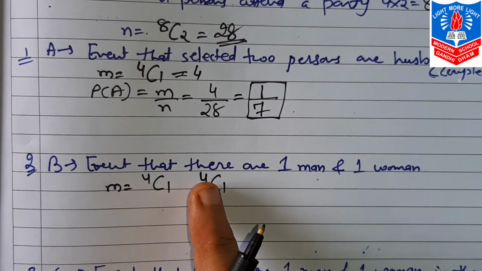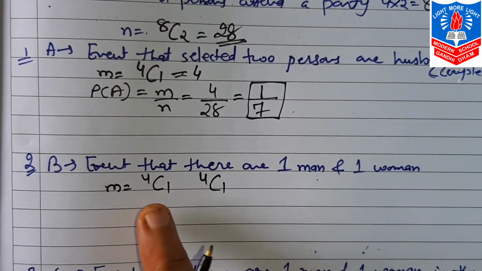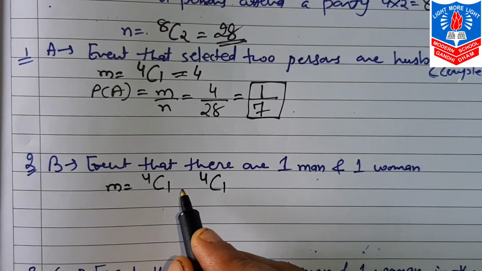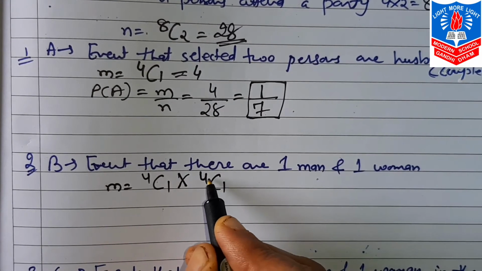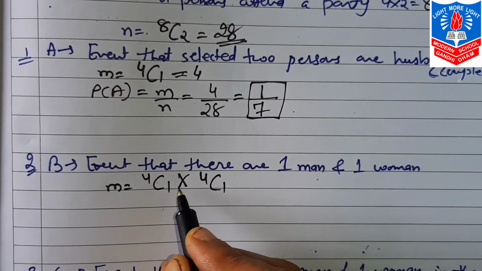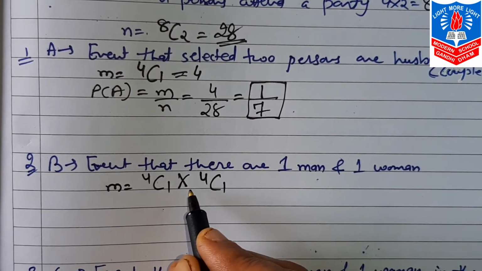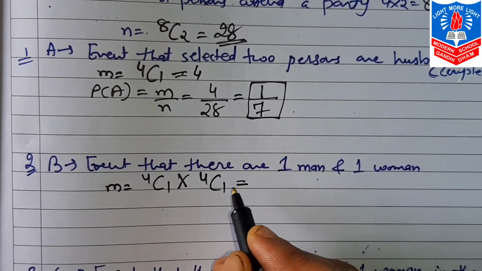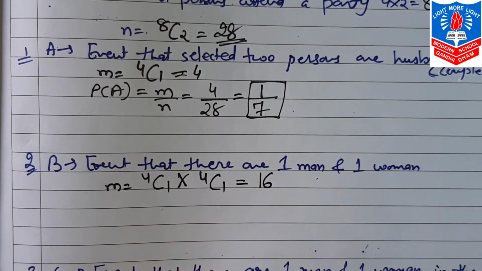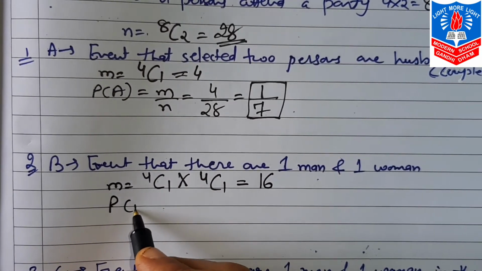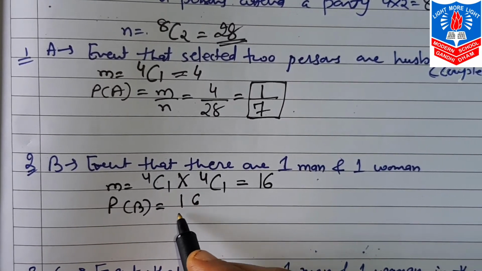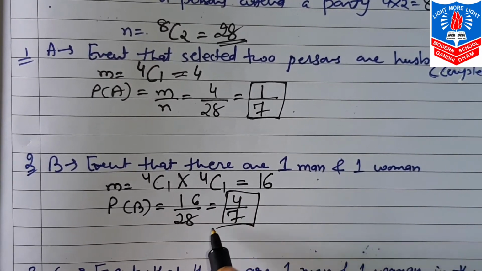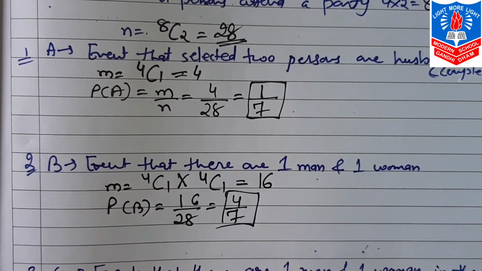So from 4 men 1 and from 4 women 1. Here we multiply, 4 into 4 is 16. So the probability of B will be 16 by 28, which is 4 by 7. This is your second answer.